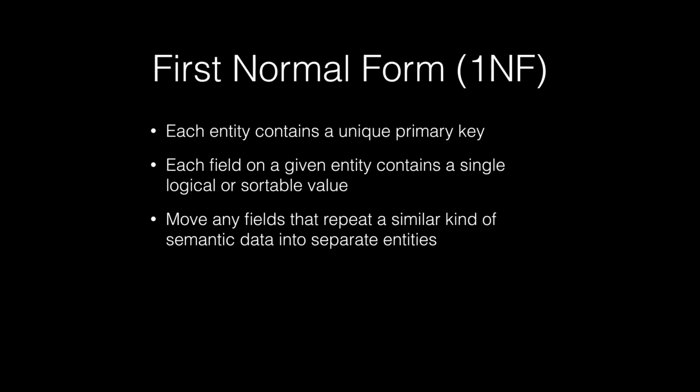What I mean there is we want to avoid having a table that has columns that have similar data that repeat. So for example, this is why on our list, for example, we did not.